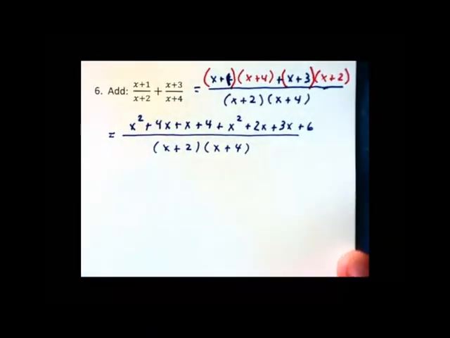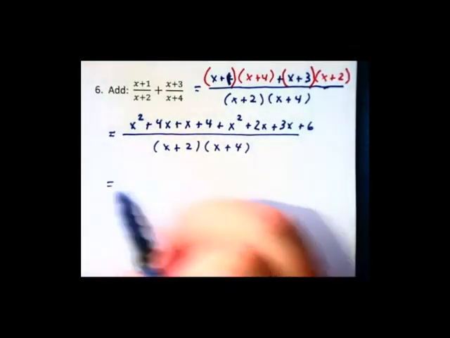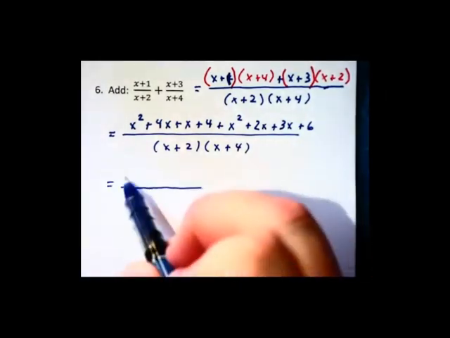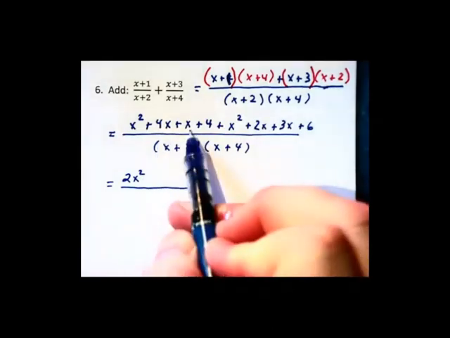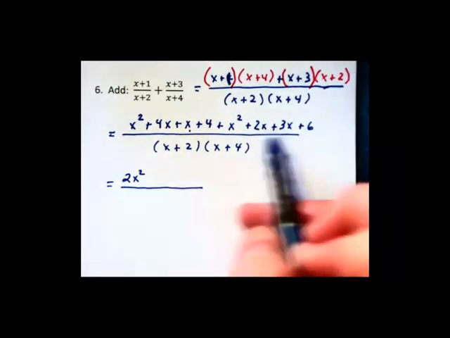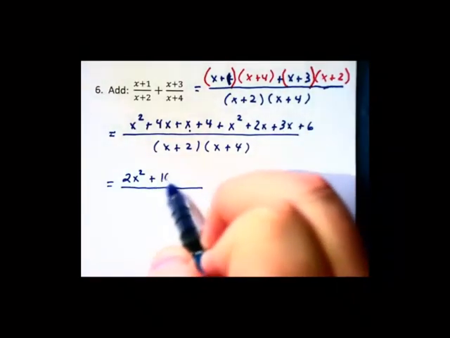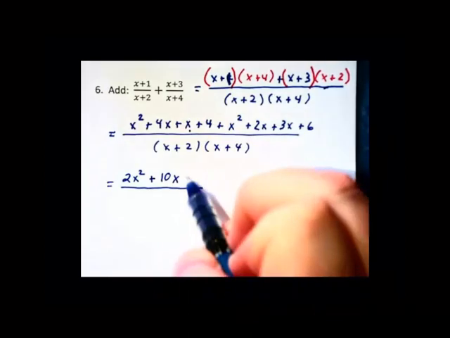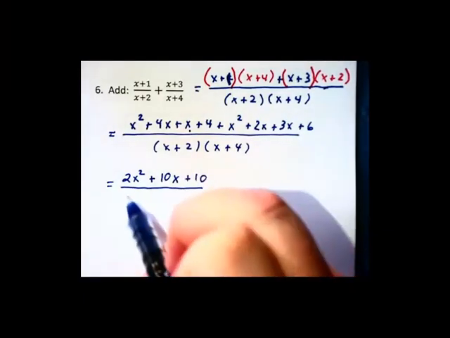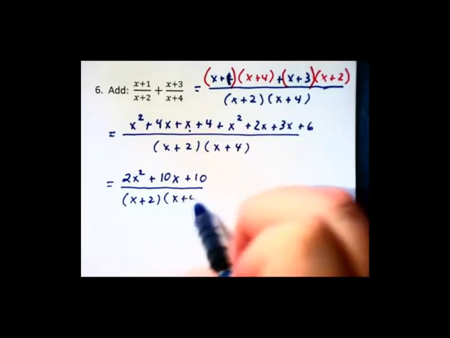Up in the numerator, it's time for us to combine like terms. So x squared and x squared make 2x squared. We have 4x and 1x making 5x, 2x and 3x making 5x, so 5x and 5x together add up to 10x. And then the constants 4 and 6 add up to 10 over our two factors x plus 2 and x plus 4.